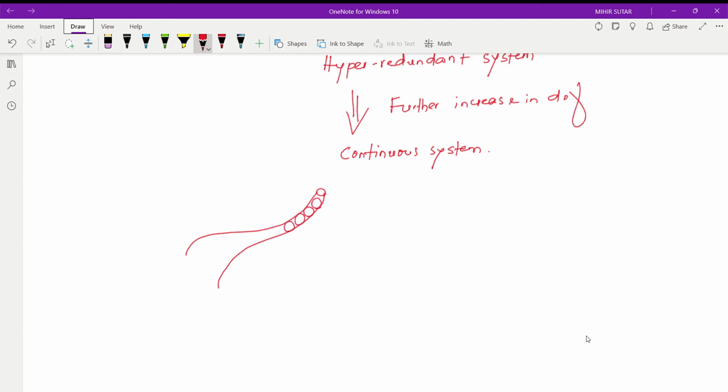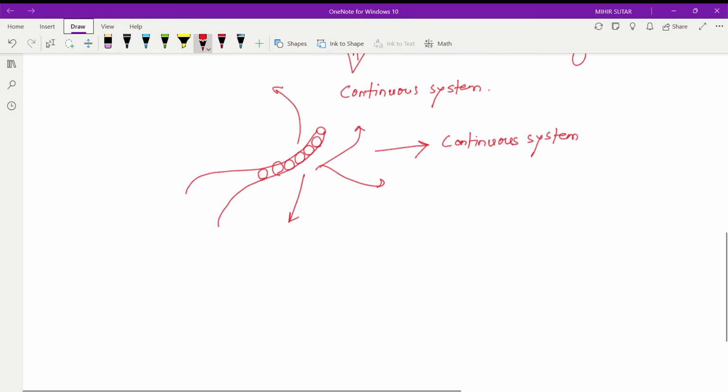Because of these muscles the elephant is able to move its trunk in any direction. So it's a case of a continuous system.